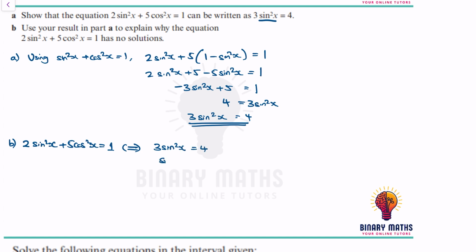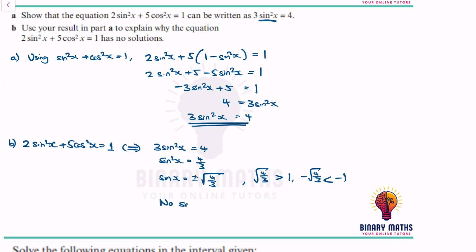Which means sine squared x is equal to 4 over 3, which means sine x is equal to plus or minus root 4 over 3. But what we do know is root of 4 over 3 is greater than 1, and negative root 4 over 3 is less than minus 1.